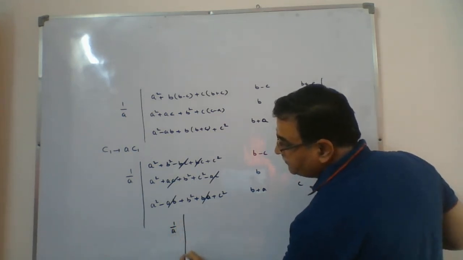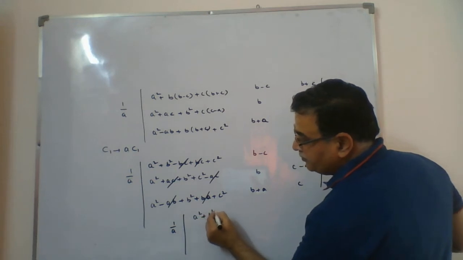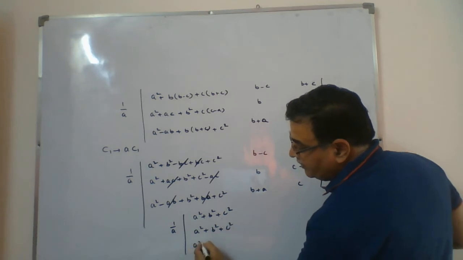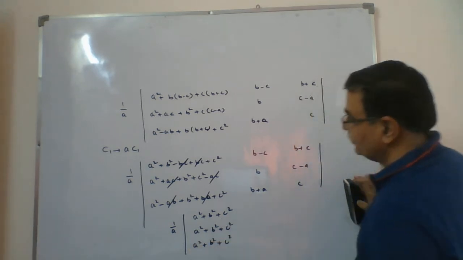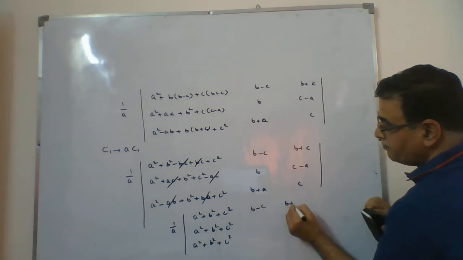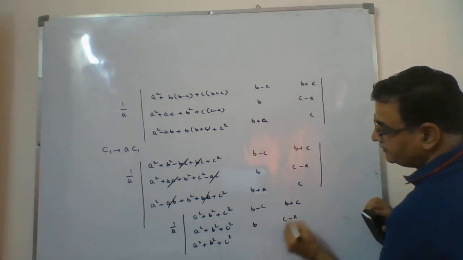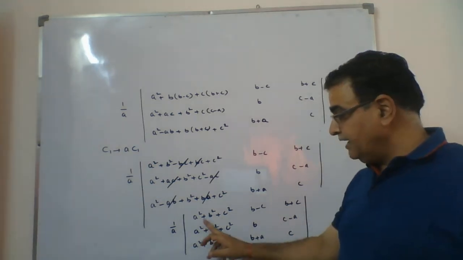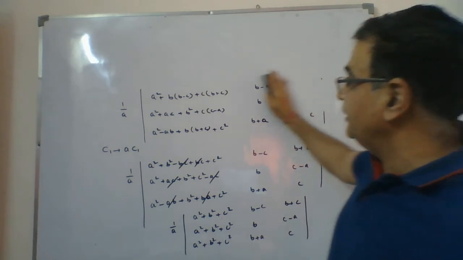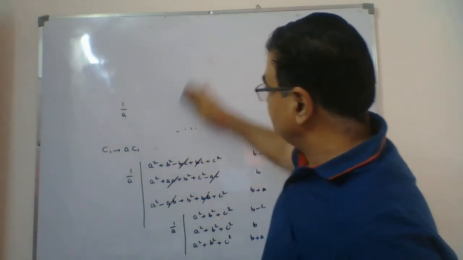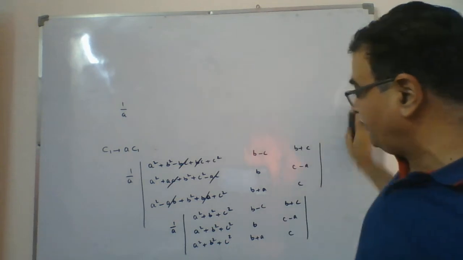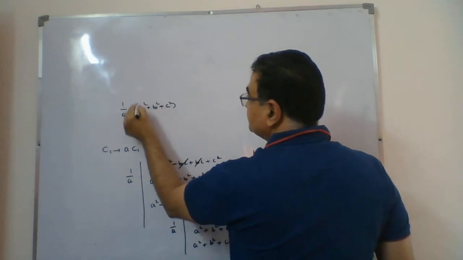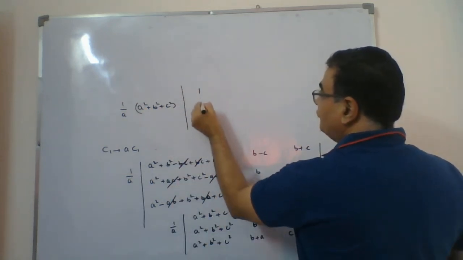So 1 by A, then the first column is A square plus B square plus C square in all three rows, and the other columns are B minus C, B plus C; B, C minus A; B plus A and C. Then A square plus B square plus C square will be common in all, so we take it common. When you take it common, the first column will come 1, 1, 1.